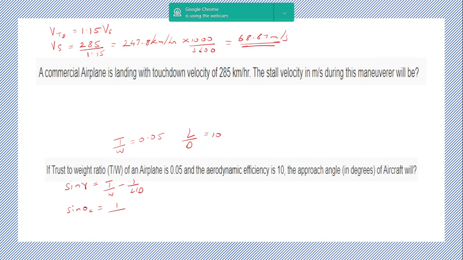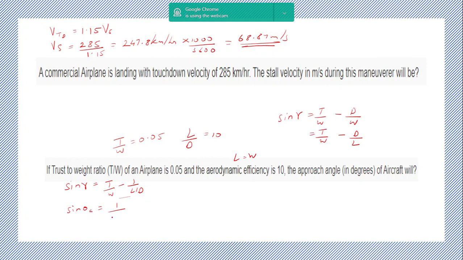Then you take L equal to W and substitute it. So initially sine gamma was T by W minus D by W, and then you take lift equal to weight, so you get minus D by L, and then you get this relation.